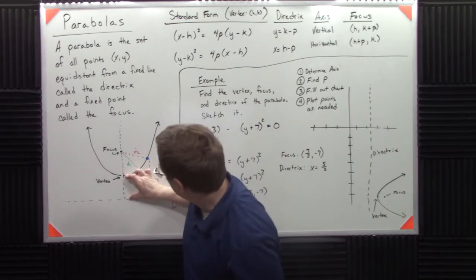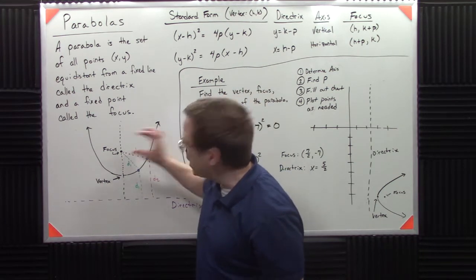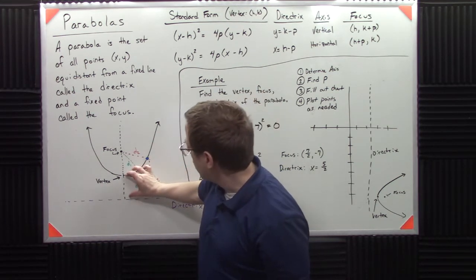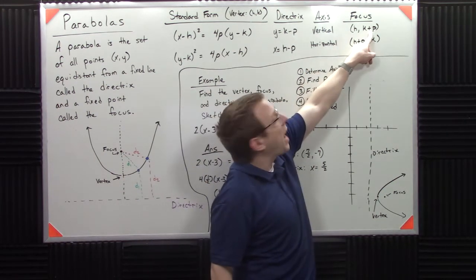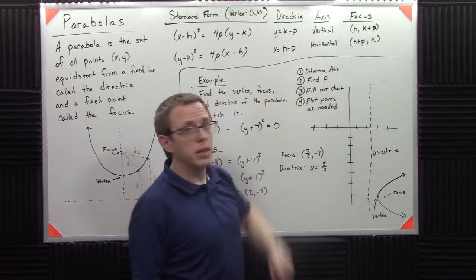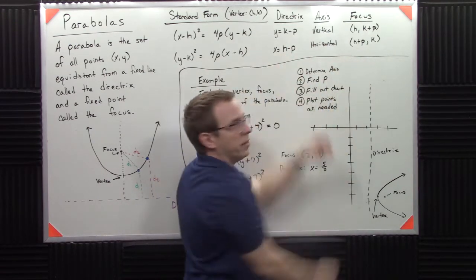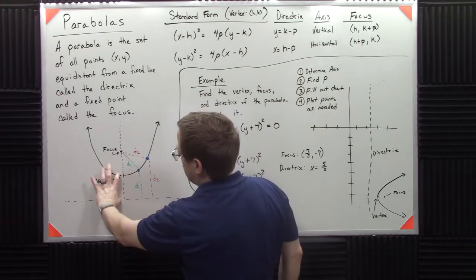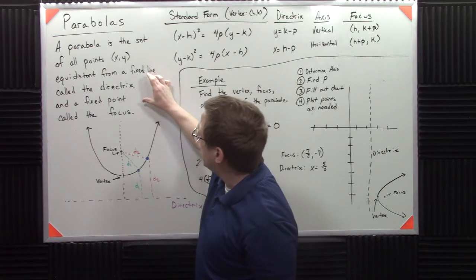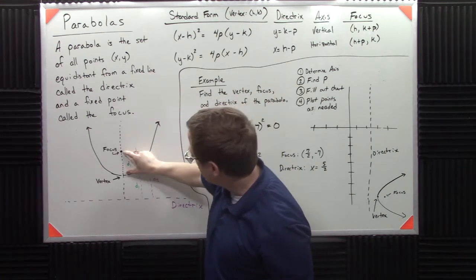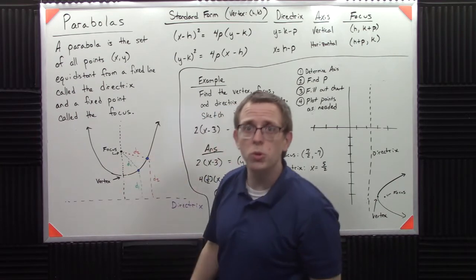So this distance is that p value, and this distance is also that p value. So you subtract here and add there, and similarly subtract here and add there. This distance and this distance are the same, which is only natural because definitionally they're equidistant. If a point is on the curve, it has to be the same distance from those two.